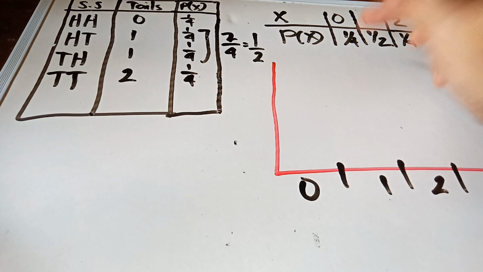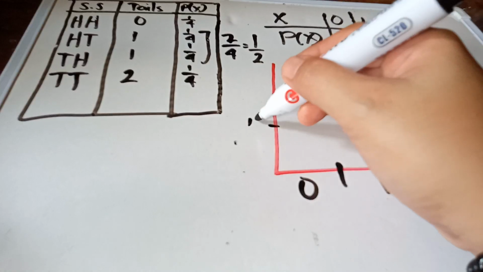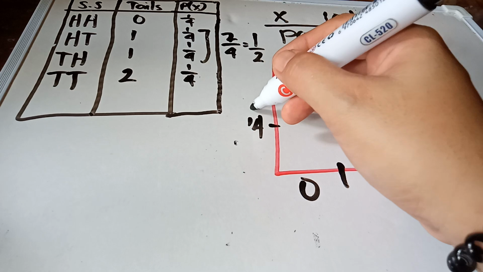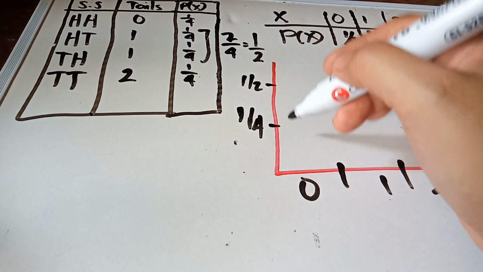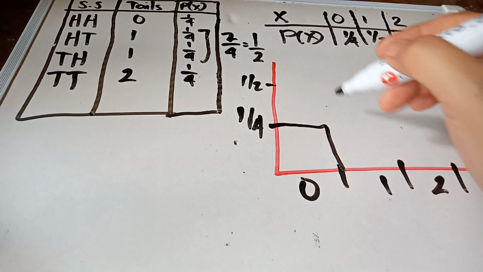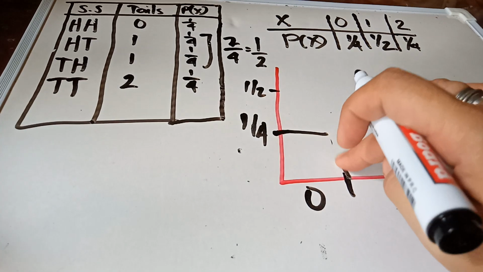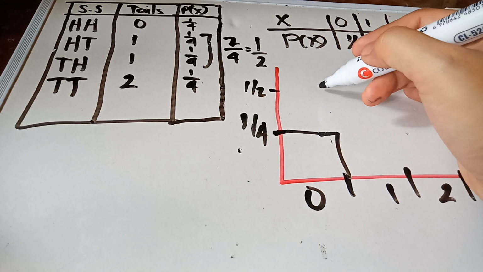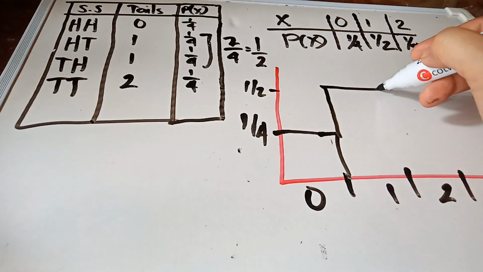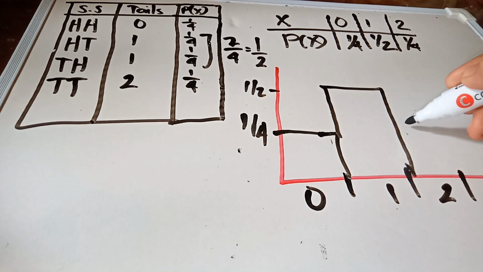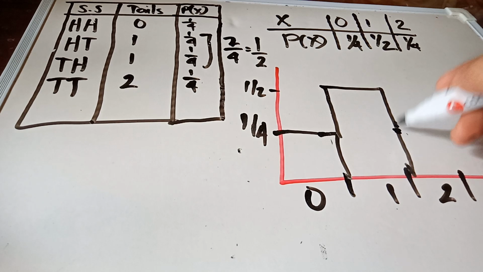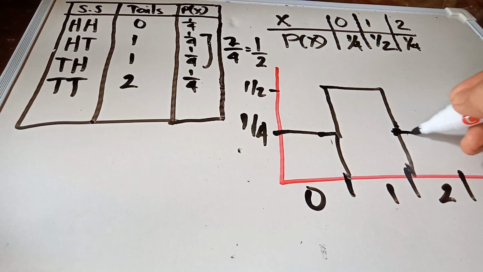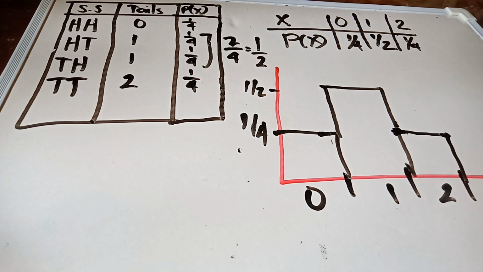Our first will be 1/4, and then this is already our 1/2, and the other one will also be 1/4. You just need to see to it that it is level with the y-axis. So this is already the graph.